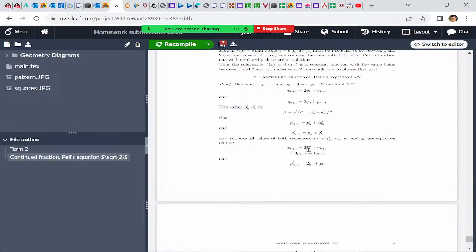We obtain PK plus 1 equals that. Equals 3 PK. Where'd you get this from? Where's your above relation? This relation? No. Both of these relations?